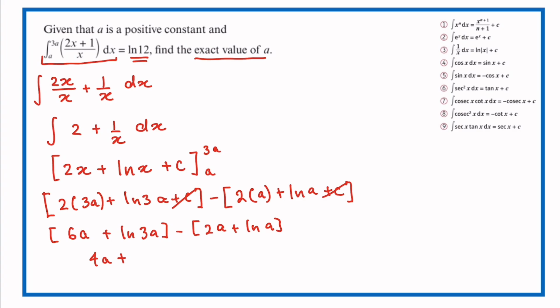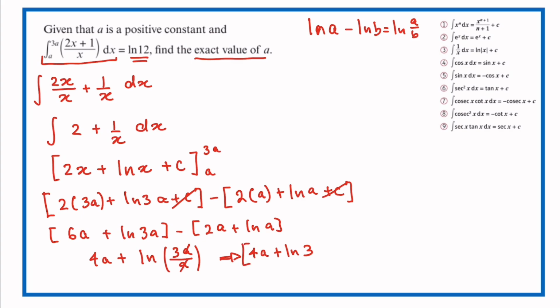Using the laws of logs, if you have ln a minus ln b, that becomes ln a over b. So this becomes ln 3a over a, and this will simplify down to 4a plus ln 3, as the a and a cancel out. So now we found a simplified answer.